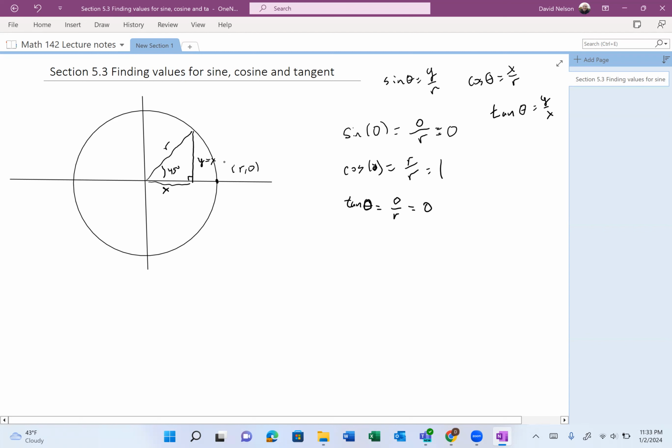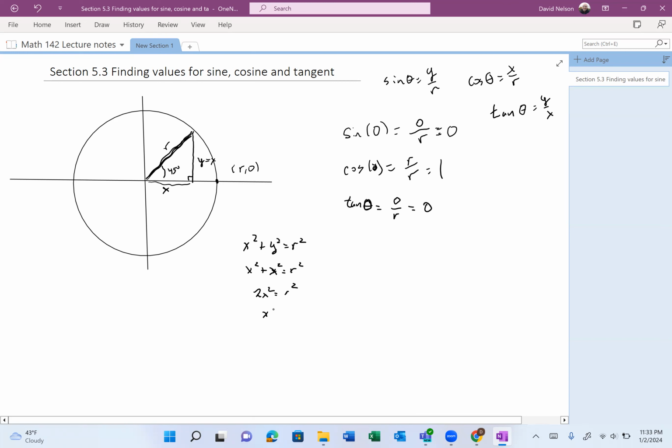And so by the Pythagorean theorem, when the angle is 45 degrees, or pi over 4, I know that x squared plus y squared equals r squared, and x is equal to y, so x squared plus x squared equals r squared. And so I get that 2x squared equals r squared.